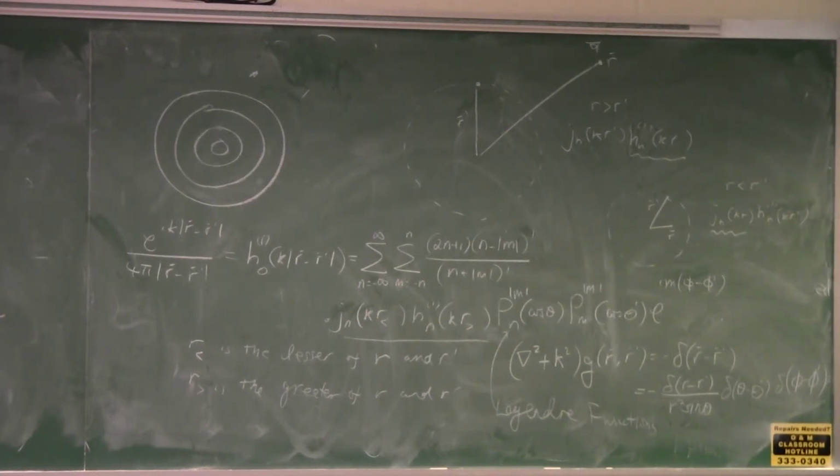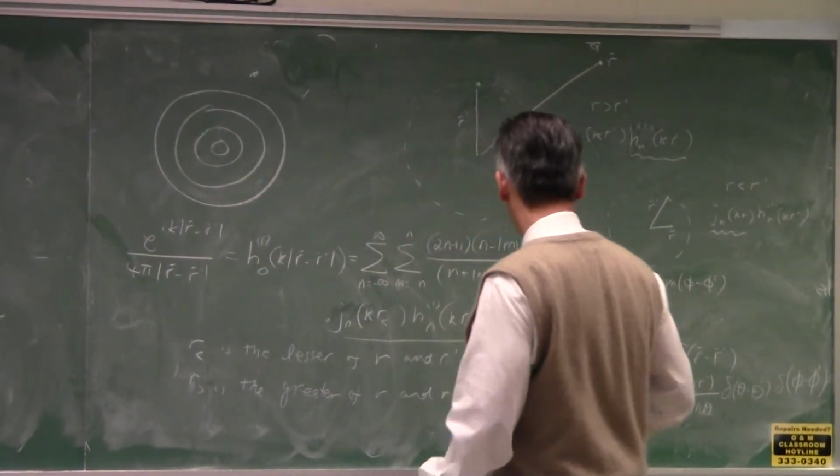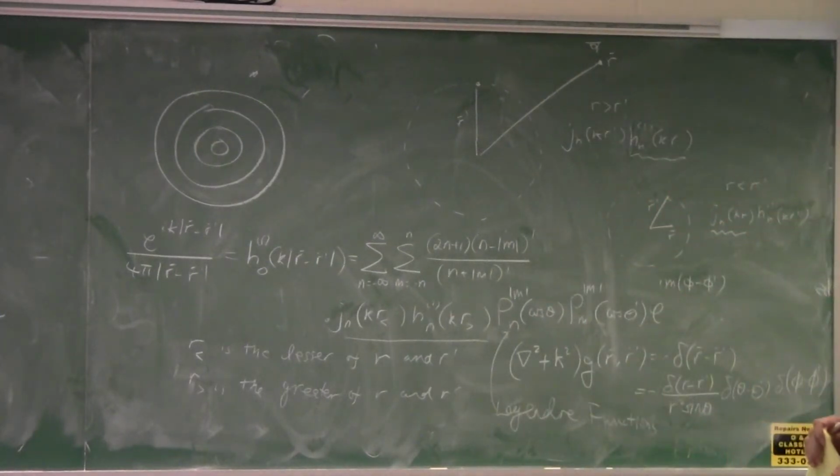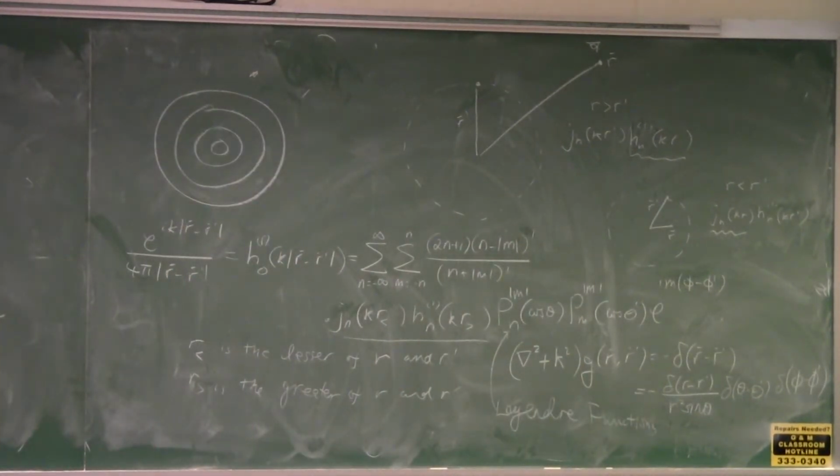Yes, Junwei. So how about the case when r equals r prime? R equals r prime is a tricky case because then the delta function is right at this point. It's the same tricky case as what you have found in the Sommerfeld-Weyl identity.